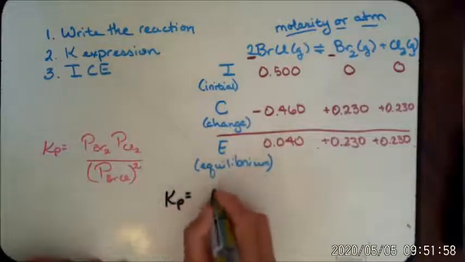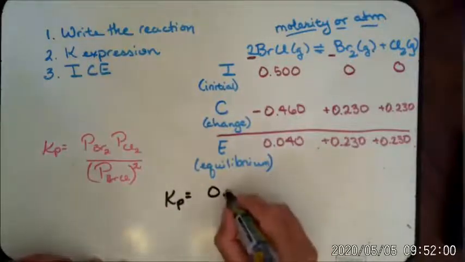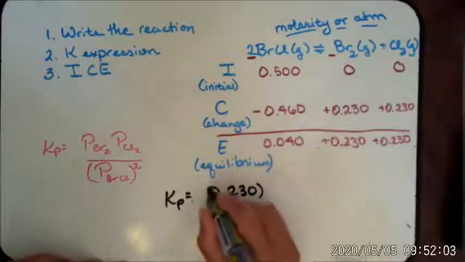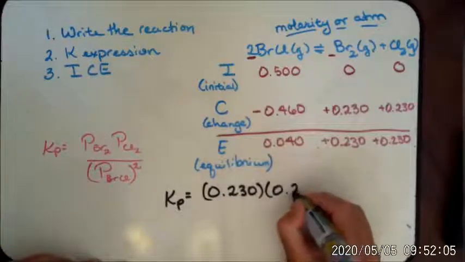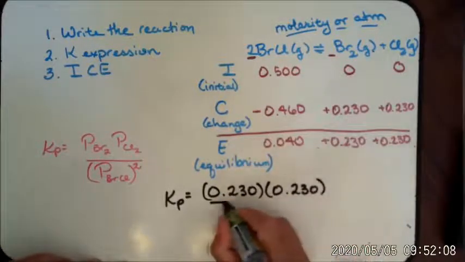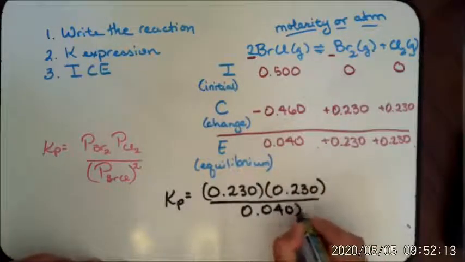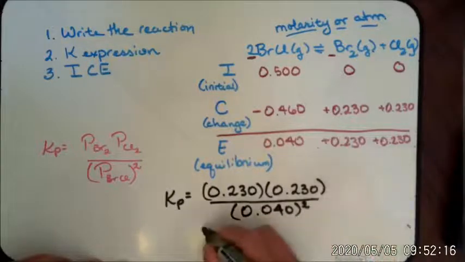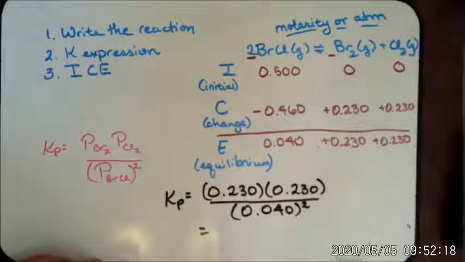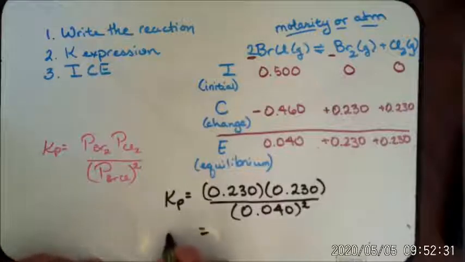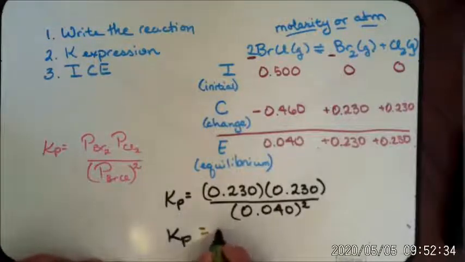So Kp is equal to 0.230 times 0.230, all of this divided by 0.040 squared. What we get is Kp is equal to 33.